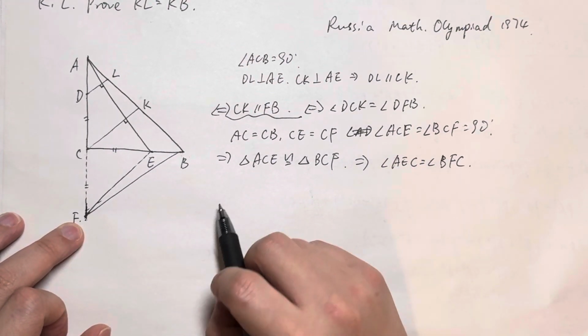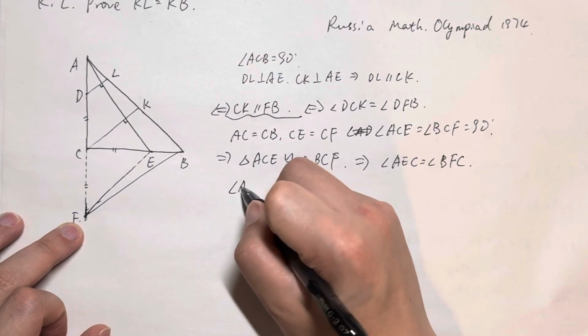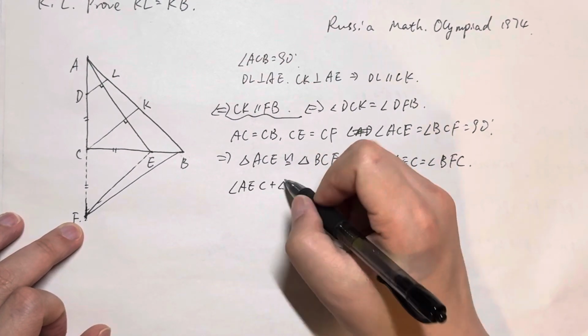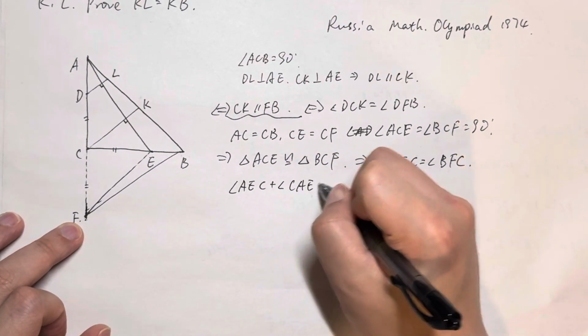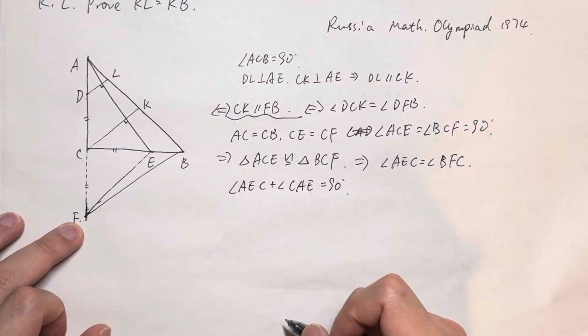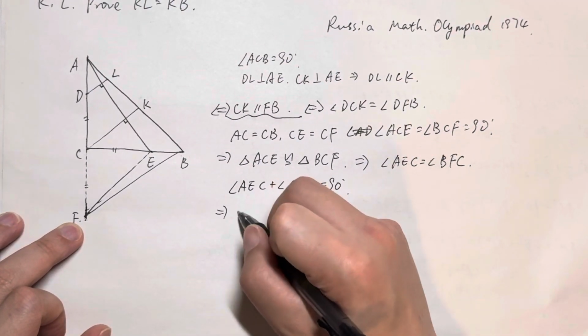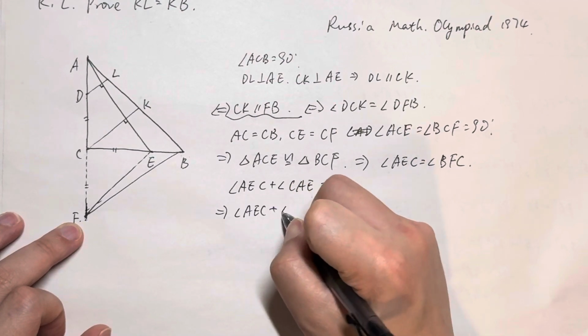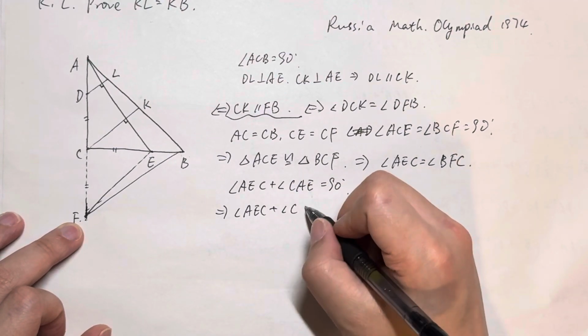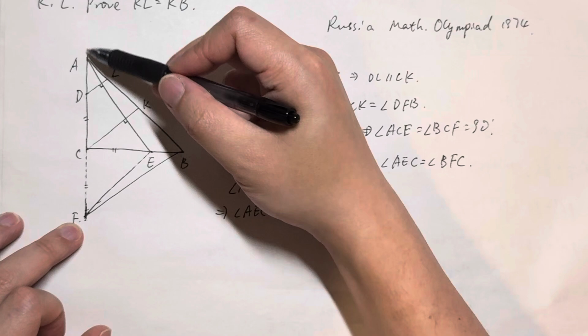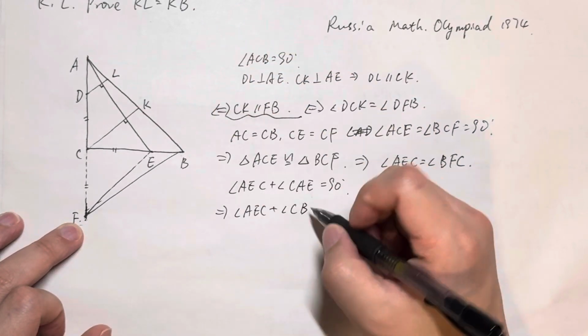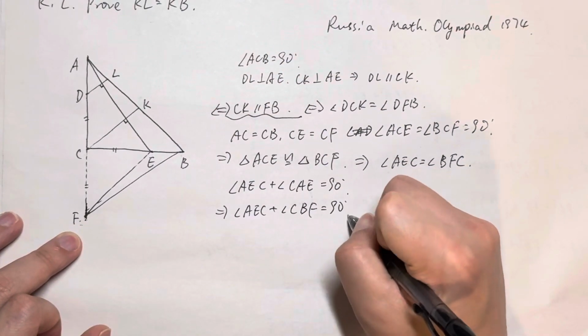And then it's very straightforward because angle AEC plus angle CAE equals 90 degrees, right? Which means angle AEC plus angle CAE equals angle CBF equals 90 degrees.